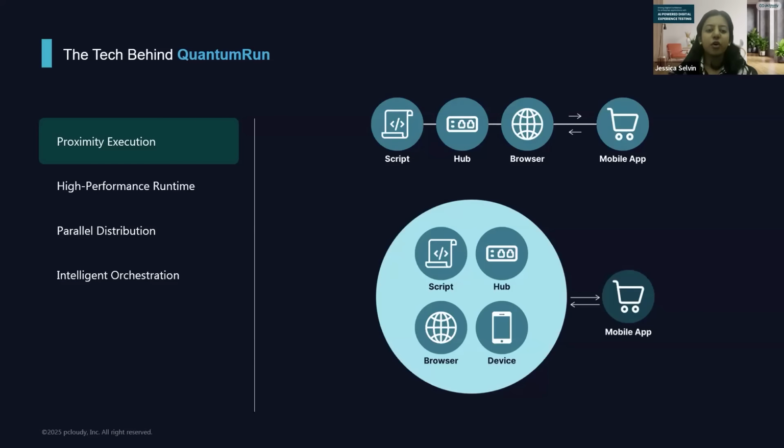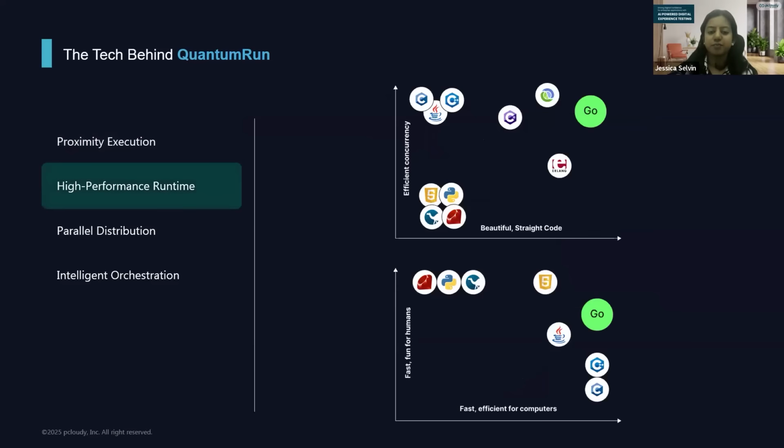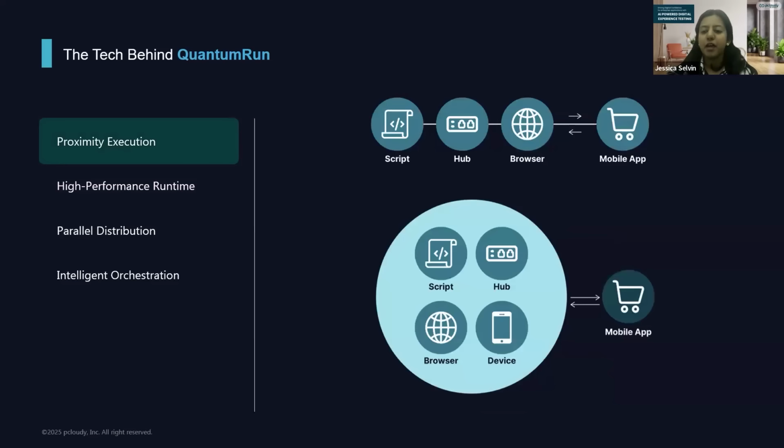Whereas here you see that all your key components are placed next to your device infrastructure, right? So every tiny WebDriver or Appium command that made that full round trip over the internet is now going to happen over a low latency call with the device infrastructure within the same network, right?